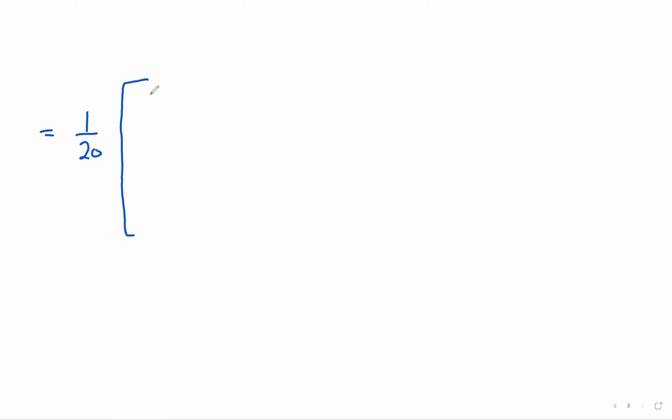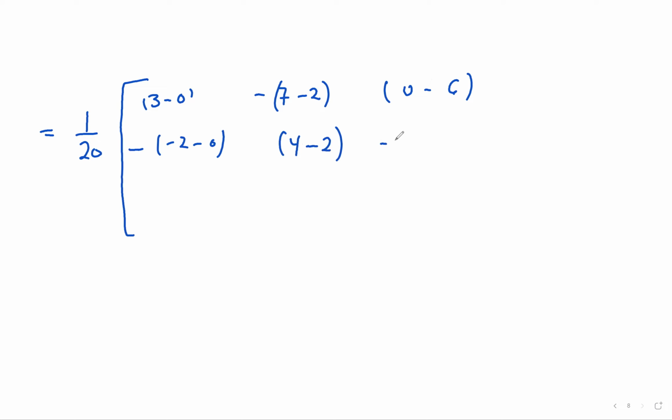So the first one is 3 minus 0, and then minus 7 minus 2, and then 0 minus 6, and minus 2 minus 0, and then 4 minus 2, and then minus 0 plus 4, and then minus 6.